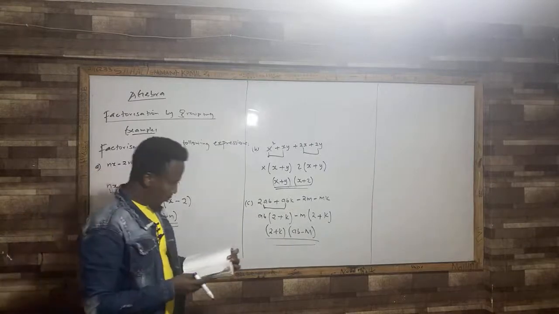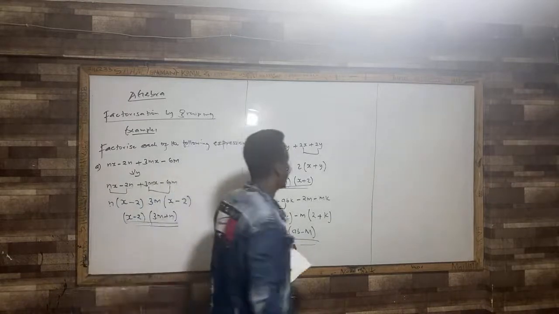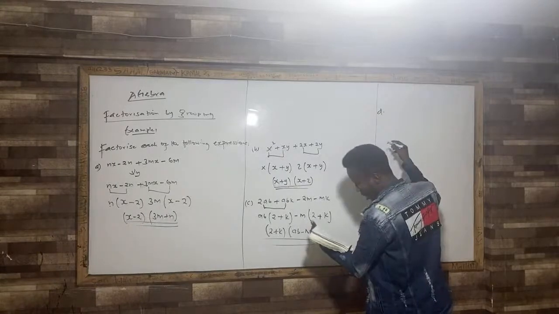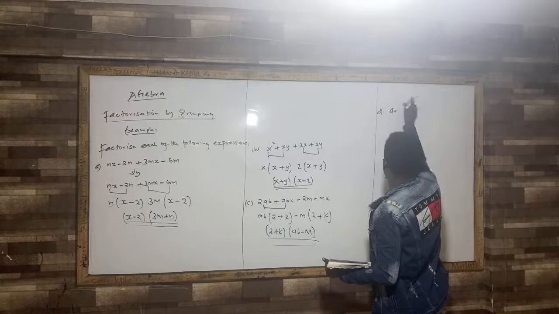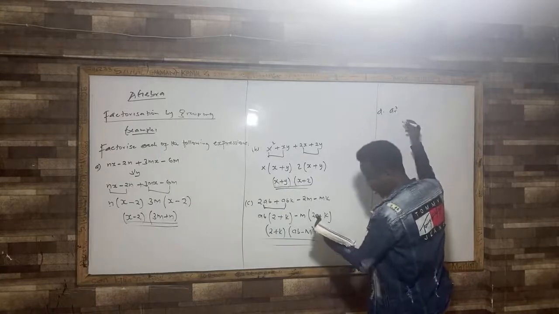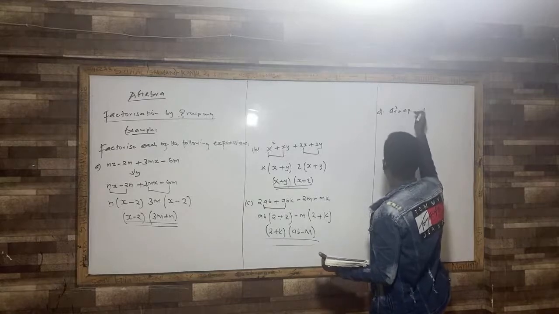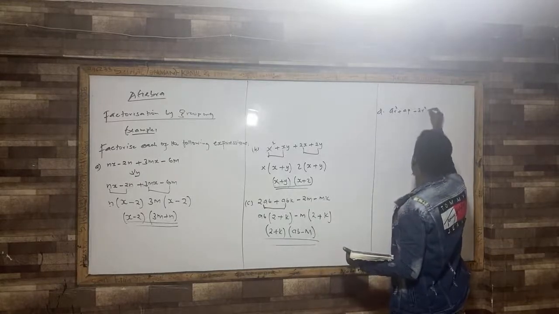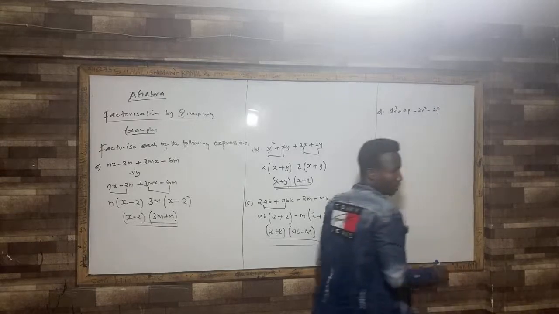Let me add one more for you so you don't suffer, guys, okay? Let's see this one. That was C, then this is D. I have AR squared plus AP minus 2R squared minus 2B.